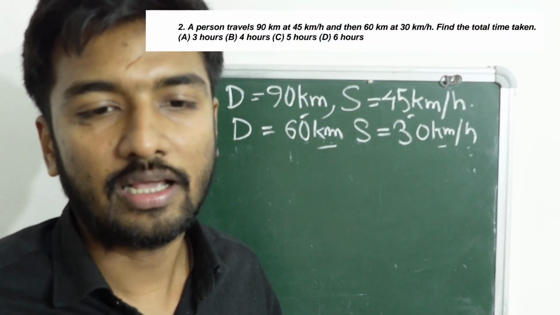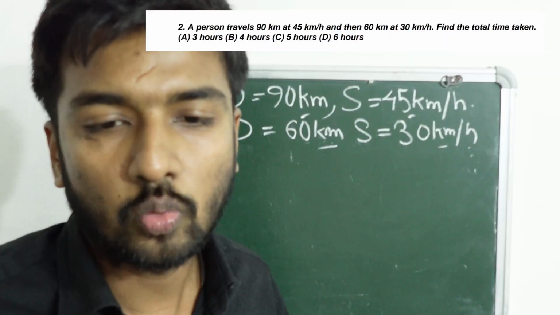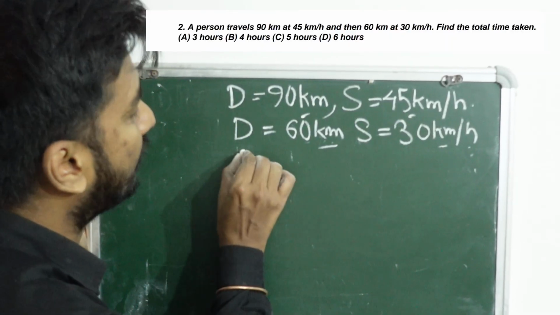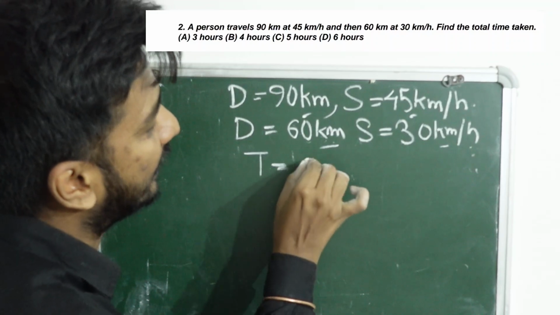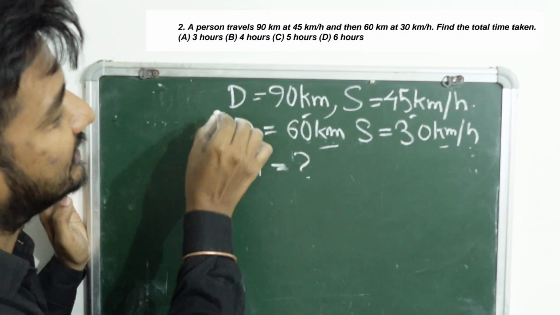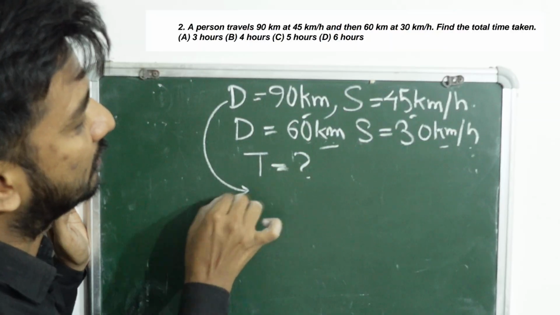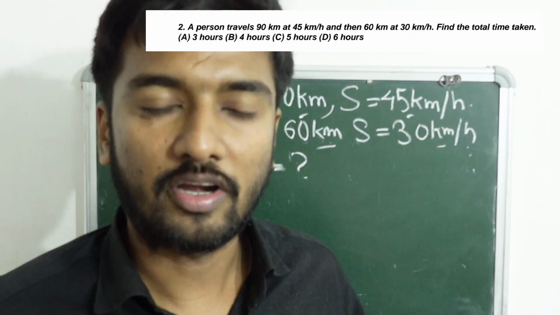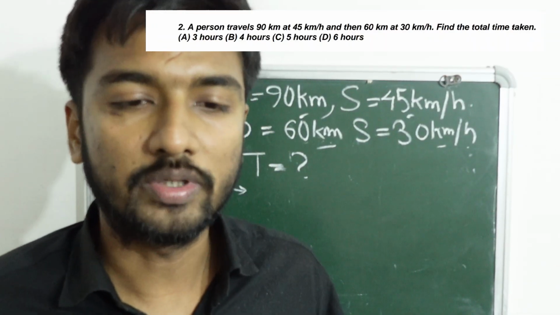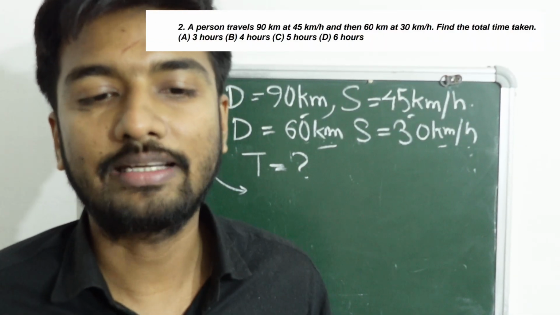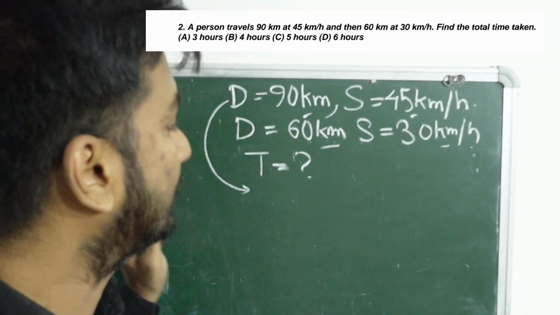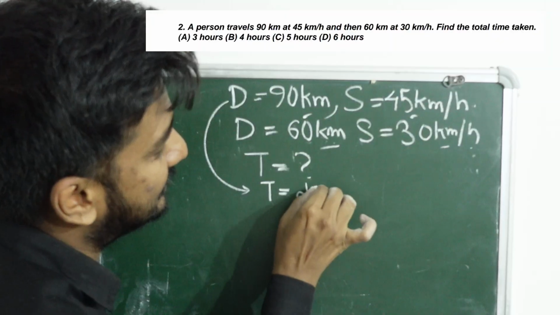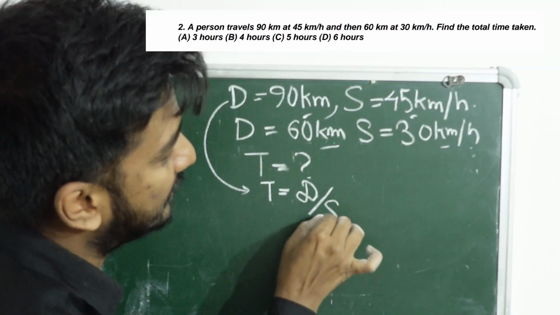Now it is given as find the total time taken. What is the total time taken? You have to find the total time taken. Now again, this is part 1 of the question. From speed equals distance by time taken, we know that time equals distance divided by speed.